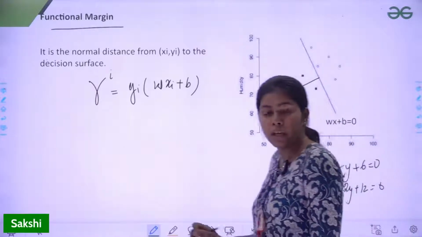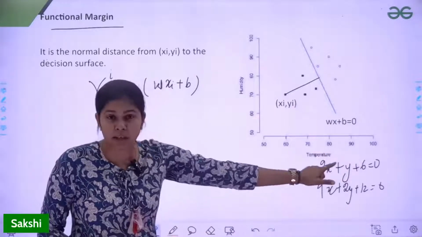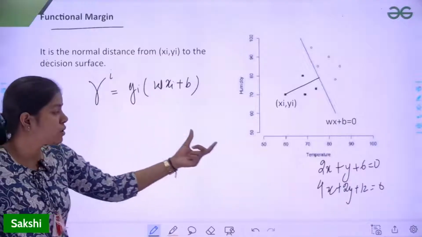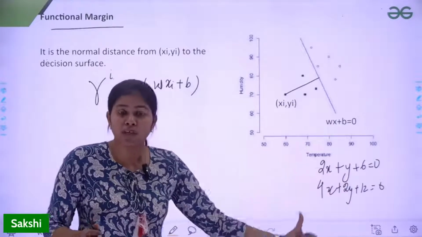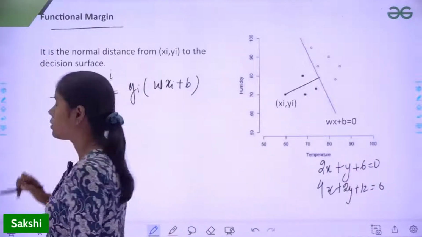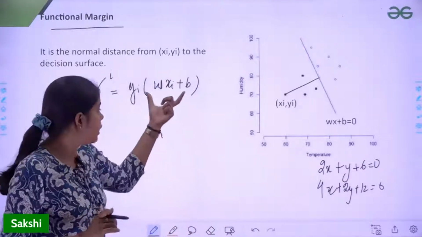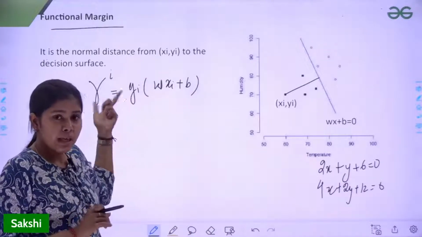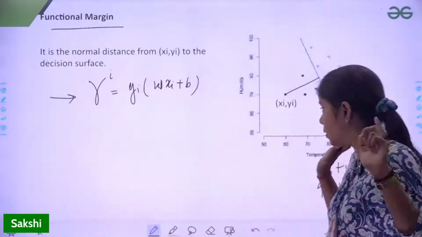These two equations represent the same line. So that means if I use 2x plus y plus 6 or 4x plus 2y plus 12, this would give me different results. This would give me a different functional margin. So I cannot use this formula, because this formula contains (w xi plus b) into yi.